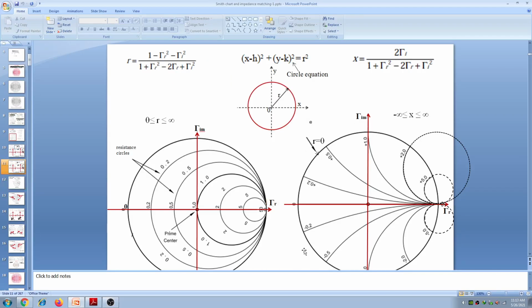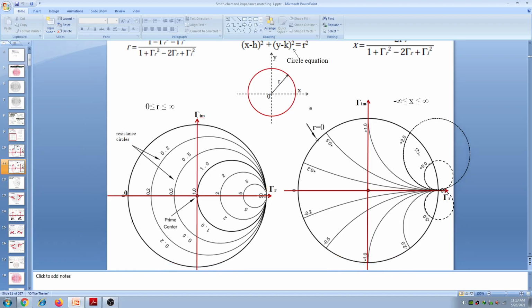Okay, and as I said, reactance values are written above the circle, outside the circle. See, this is a reactance circle. Outside that there is a number here. Inside this last circle, the 0 circle, there are numbers as well. Those numbers give the reactance value of that particular circle.